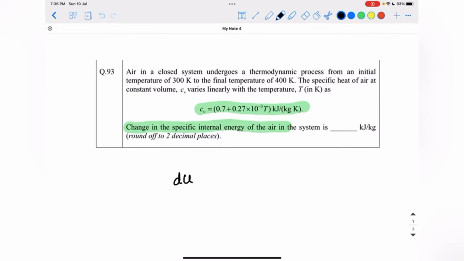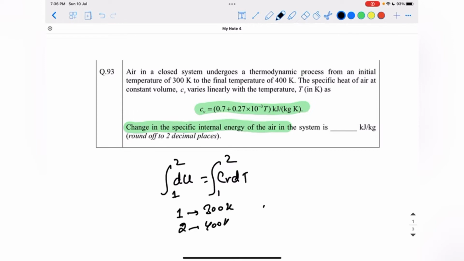Change in the internal energy is given by Cv dT. So for state 1 we have temperature 300 Kelvin. It goes to state 2, which has temperature 400 Kelvin.